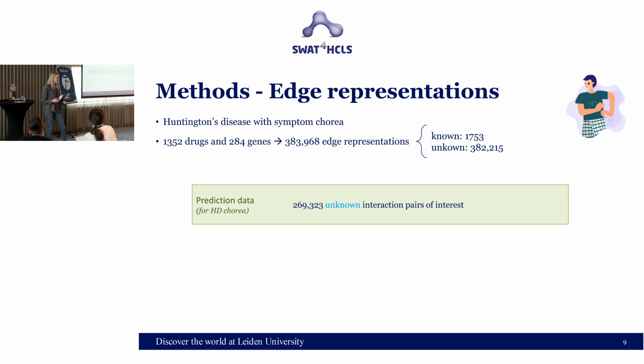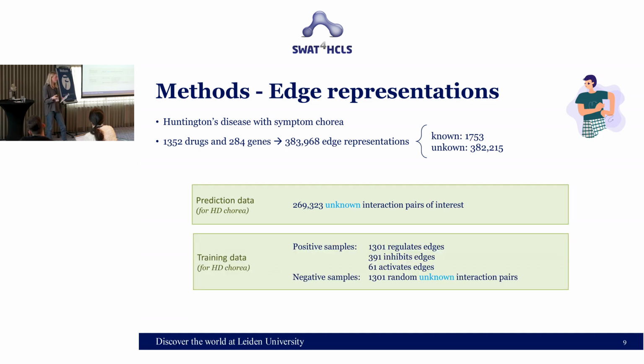So this is the prediction data. Then for the training data, the positive samples are the known edges, which in our case has 1300 regulates edges, almost 400 inhibits edges, and 60 activates edges. For the negative samples, we took 1300 random unknown interaction pairs, as 1300 is the amount of the largest class in the positive sample, the regulates edges.